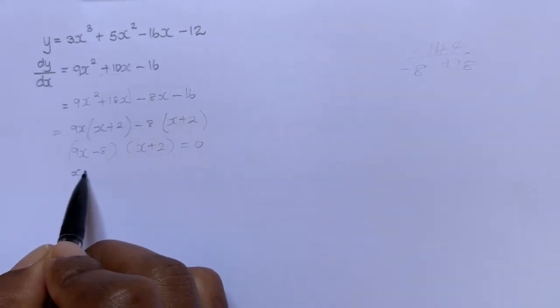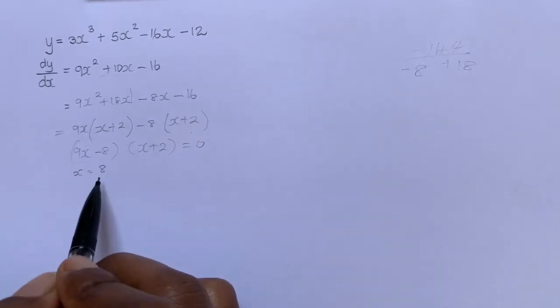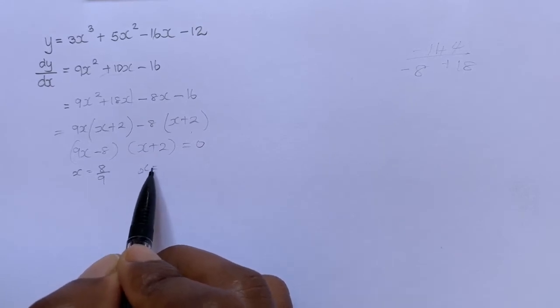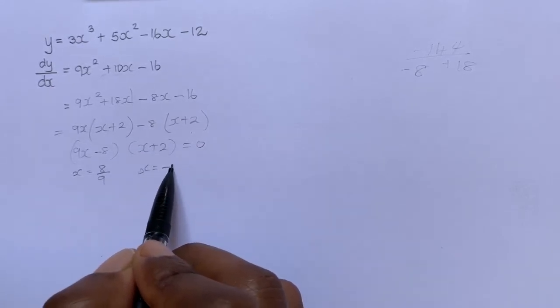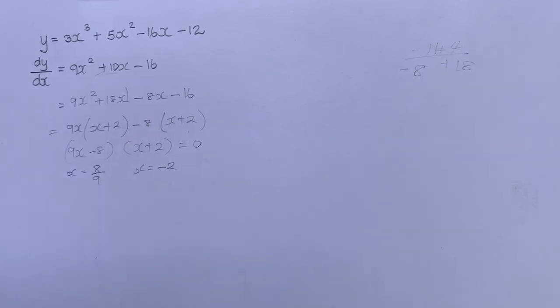Making our x values, this comes over as a positive 8, 9 comes over and gets divided. This x comes over. This 2 comes over as a -2. So these are our x values. We're now going to plug each into the y function and find the corresponding y coordinates.